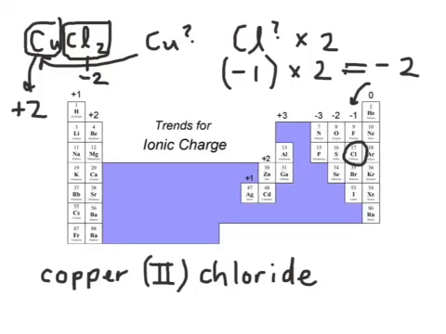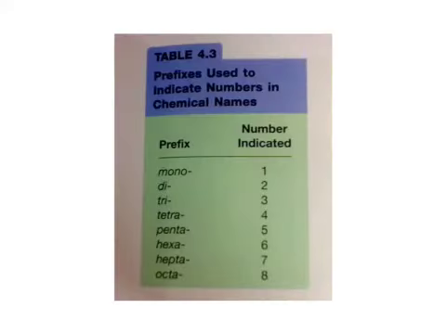Alright, I'm going to go now to the next one, which is type 3 compounds with only nonmetals. And I'm going to pull up the picture I want. Which is the picture I want? I want the prefixes. Okay, yes, prefixes.